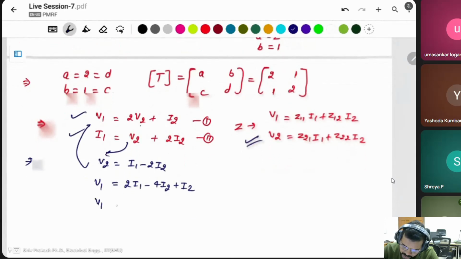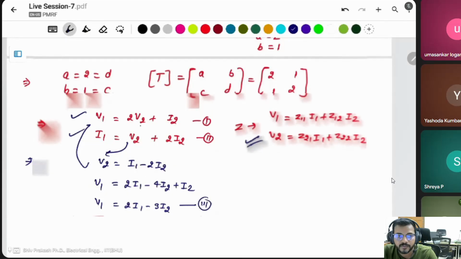It means V1 is equal to 2 I1 minus 3 I2. Okay, V1 is completed. Next one, V2. V2 is already calculated.